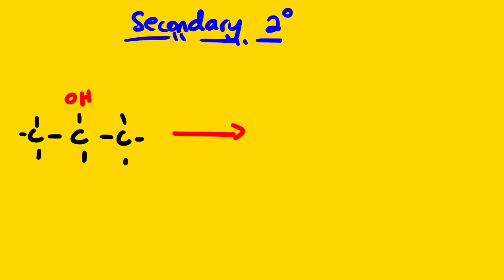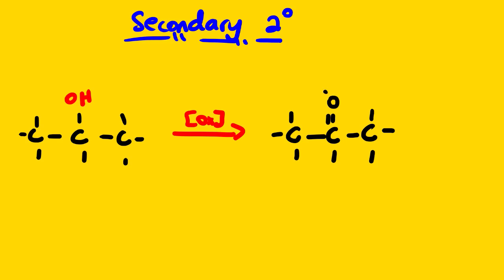Now let us go to secondary alcohols. You should know that whenever we oxidize a secondary alcohol, we yield a functional group that contains a carbonyl group, which is ketones.